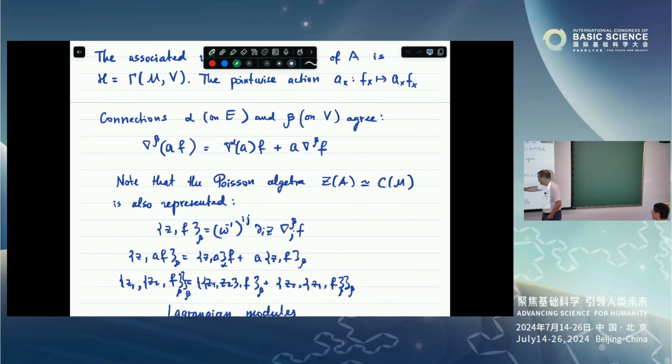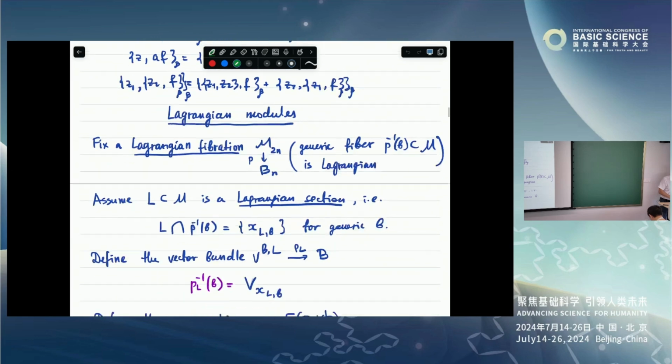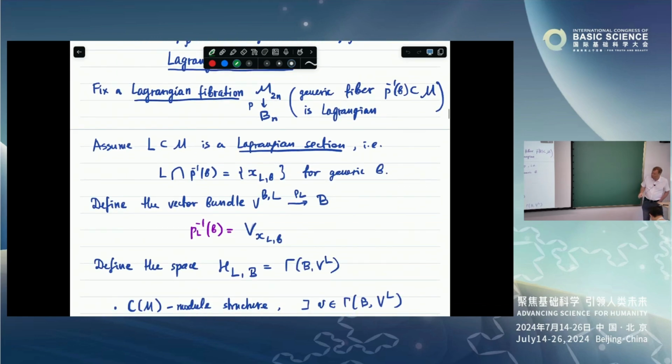Again, the center acts by derivations on the sections of this bundle, and this action is compatible with the module structure. It's exactly what you have if you study representation theory of de Concini-Kac versions of quantum groups at a root of unity. But from the physical point of view, this is not natural.